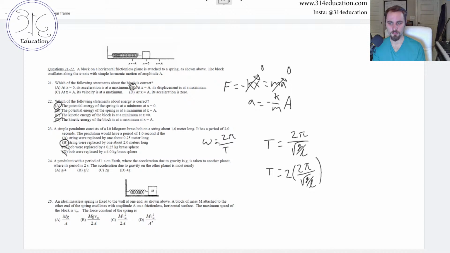Oh, okay. So, okay, I see what they did. So let's start from up here. And they write this then as 2 pi times the square root of L over G. And so we want to reduce this by 2, so we have to reduce this by a factor of 4.